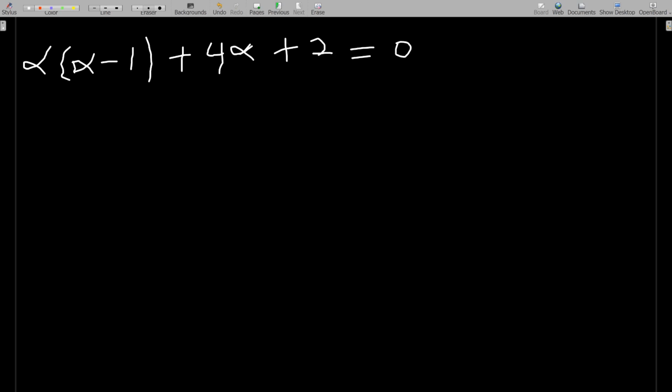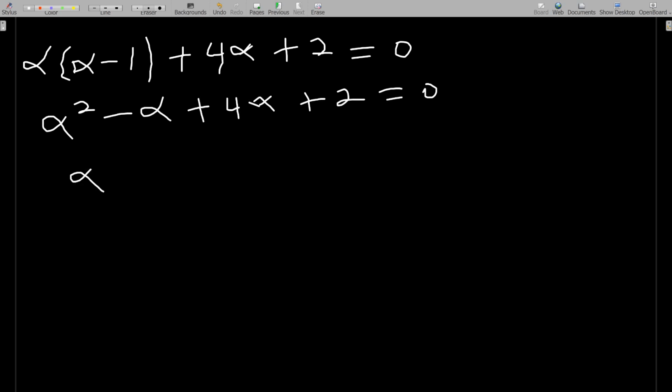If I expand the first term, I have alpha squared minus alpha plus 4 alpha plus 2 equal to 0, and then I have alpha squared plus 3 alpha plus 2 is equal to 0.